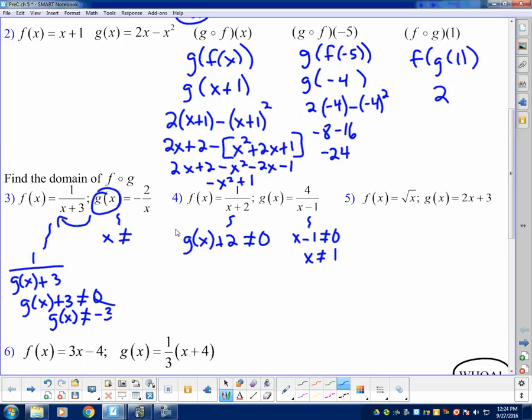And so g of x cannot equal negative 2. And g of x, we're told, is equal to 4 over x minus 1. So 4 over x minus 1 cannot equal negative 2. And here, once again, we cross multiply and solve.